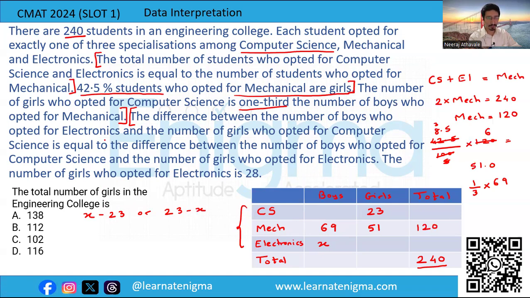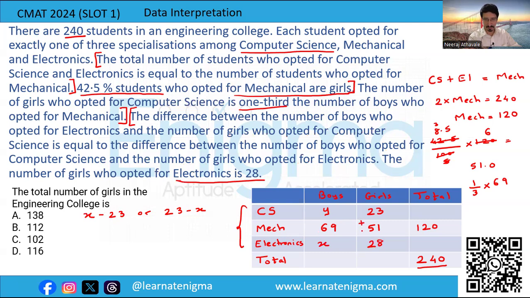Next, this is equal to the difference between the number of boys who opted for computer science and the number of girls who opted for electronics. Now we don't know the number of boys in CS, so let's assume it as Y. The number of girls who opted for electronics is given to us as 28, so we have 28 over here.